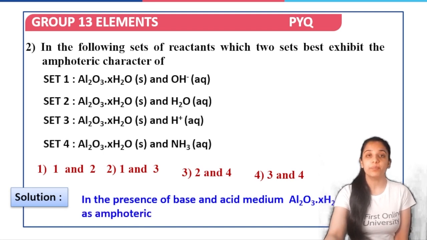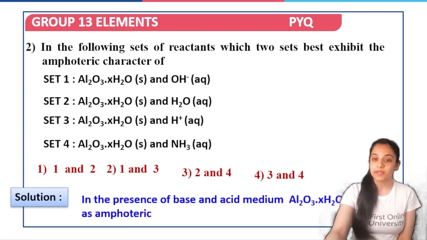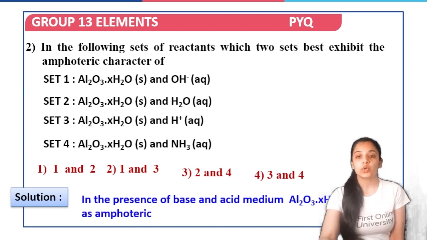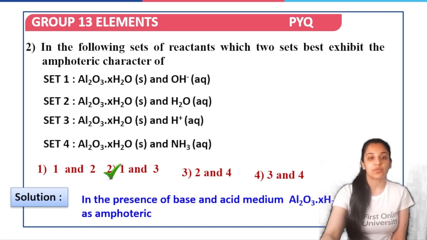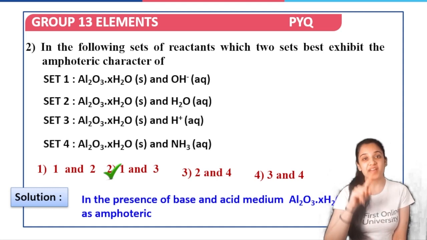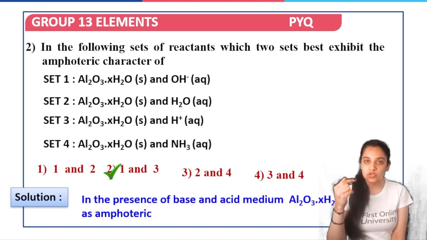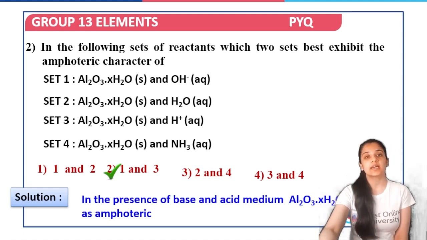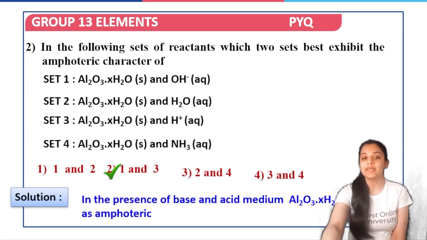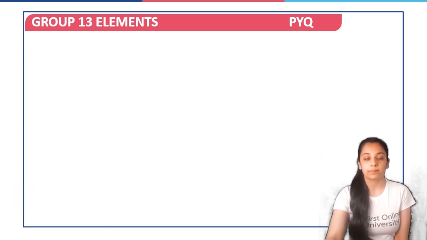So in the presence of base and acidic medium, Al2O3.XH2O acts as amphoteric, and therefore in the presence of acid and base only, that is in the presence of H plus and OH minus. So option 1 and 3, that is set 1 and 3 is the correct answer. Option 2 or B is the correct answer for this question.